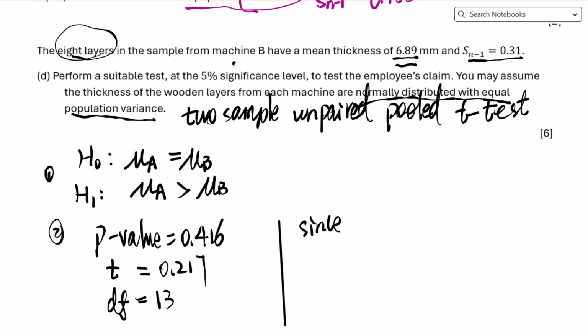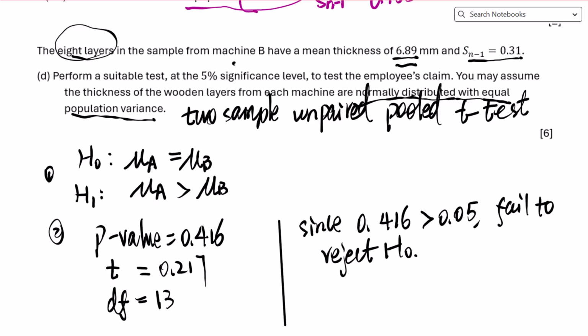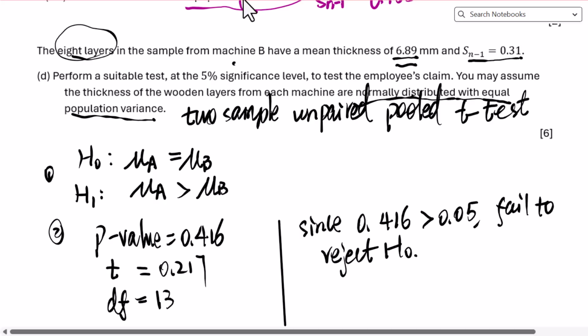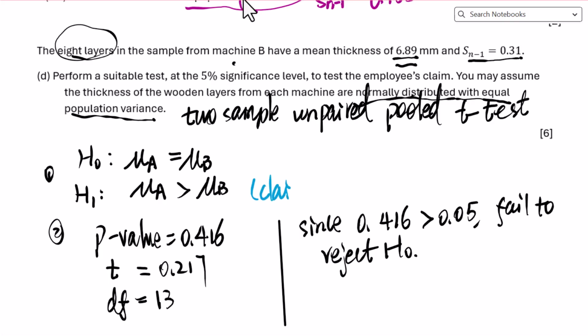Since 0.416 is greater than 0.05, fail to reject H0. Let's go back and check the claim. This is the claim.